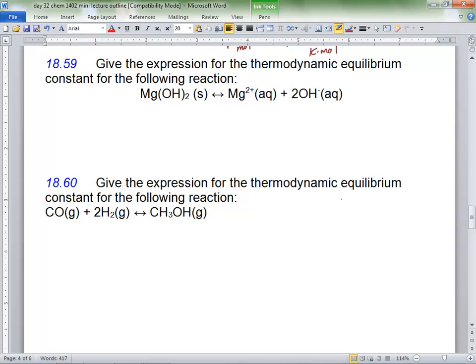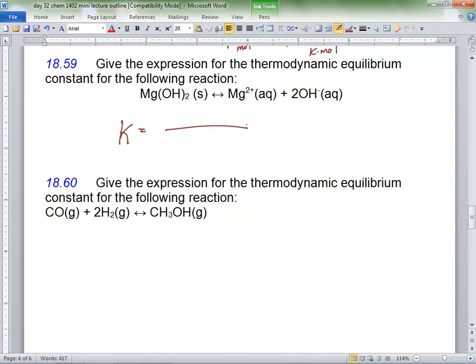Give the expression for the thermodynamic equilibrium constant for the following reaction. So I'm giving you the reaction, and we just need the thermodynamic equilibrium constant expression. So what does that mean? Big K. And it's going to be what over what?